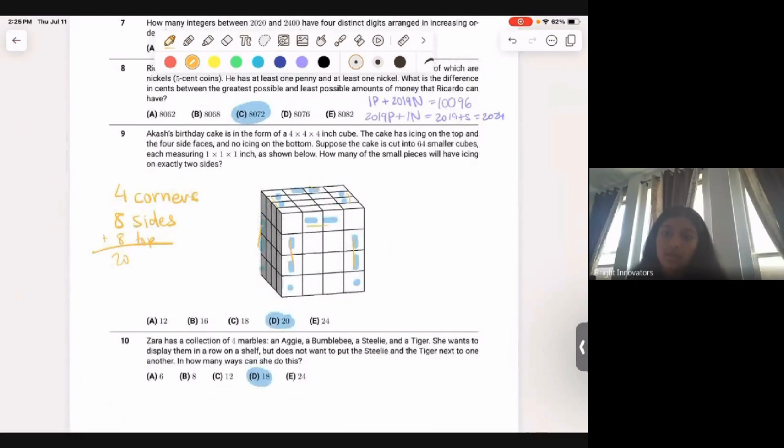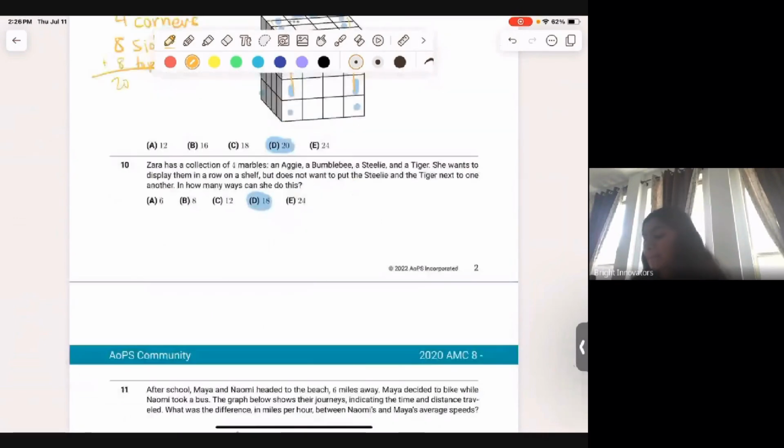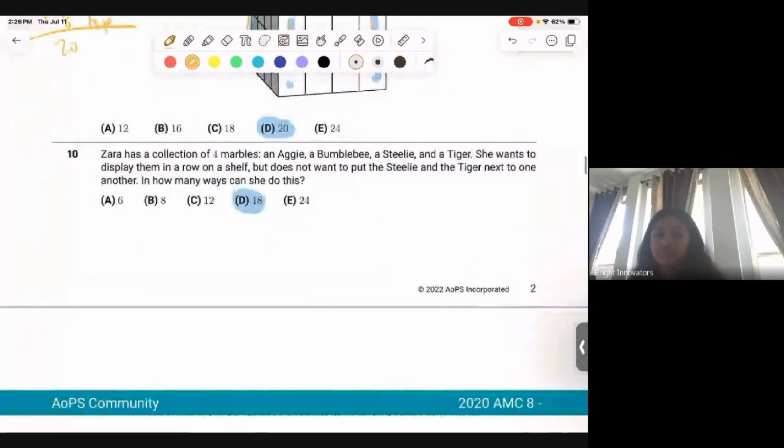10. Okay, so Advika was supposed to explain that one, but she's not here. Manu's also not here. Okay. Ravon, do you want to explain that one? Ravon.